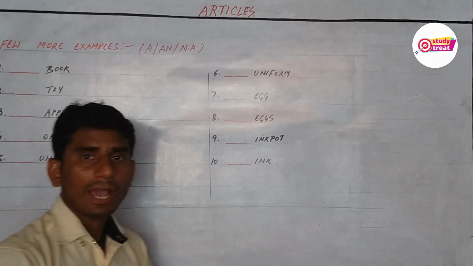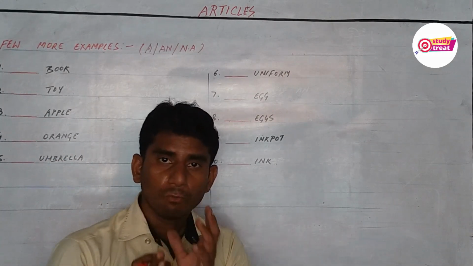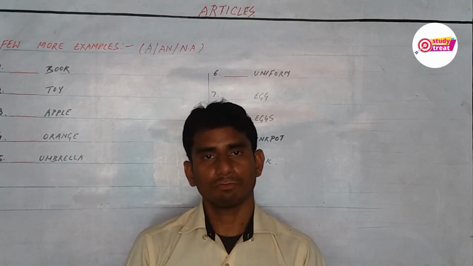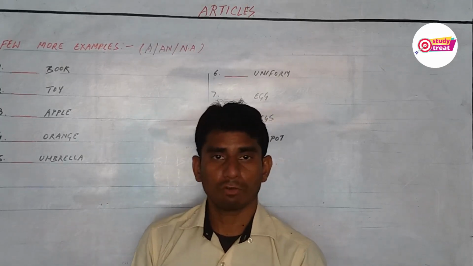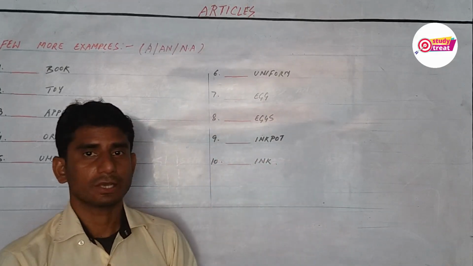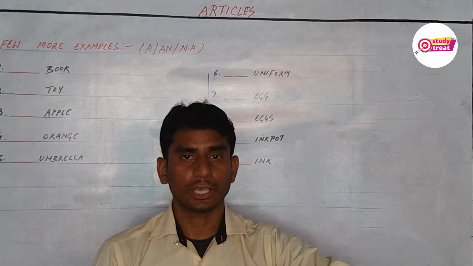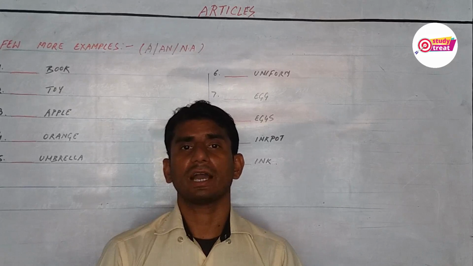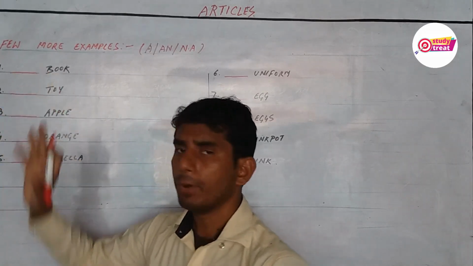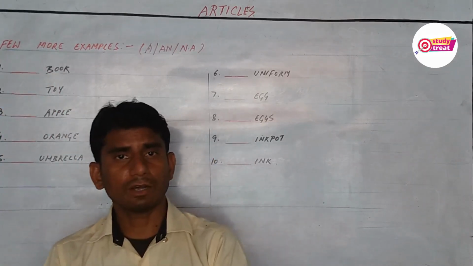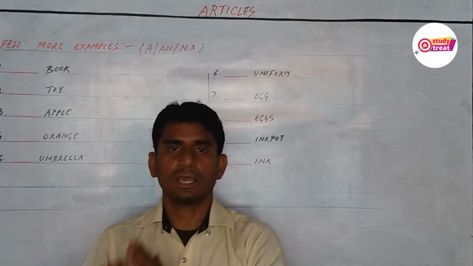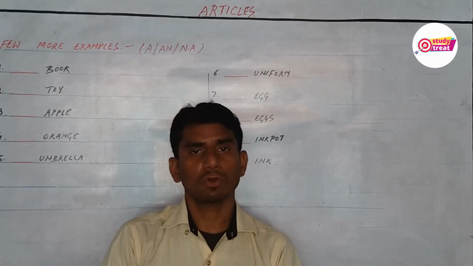First, we have to see whether the word is given in the singular or plural form. Go stepwise. I'm trying my level best to teach you in a very simple way.